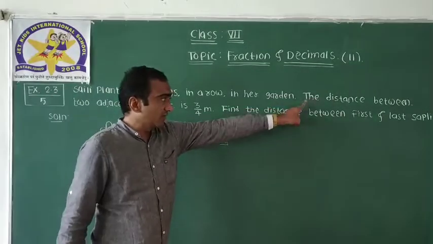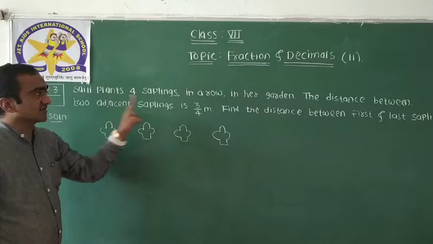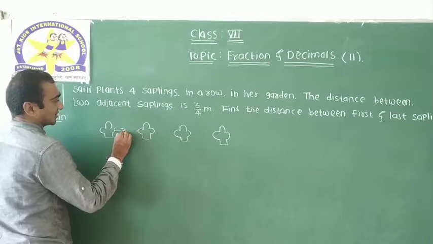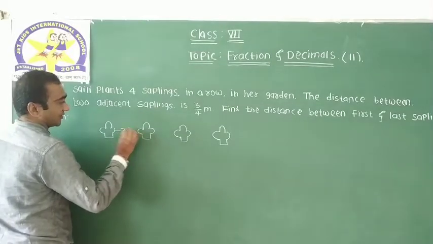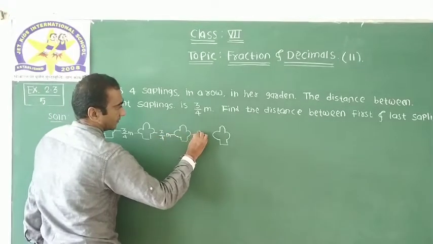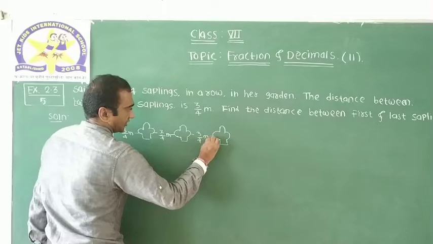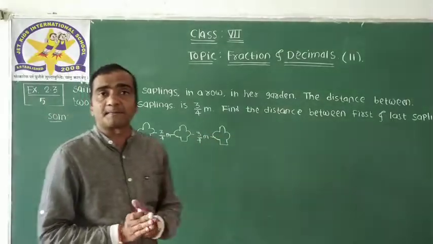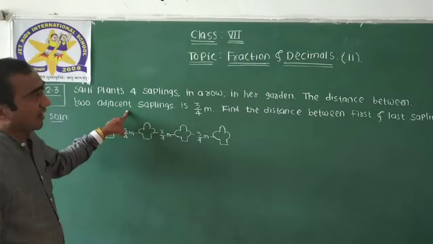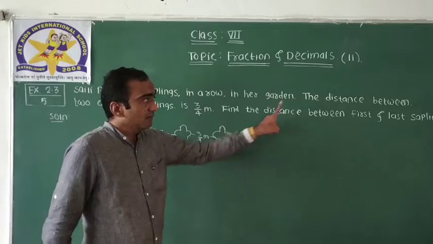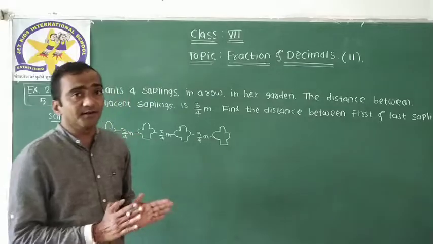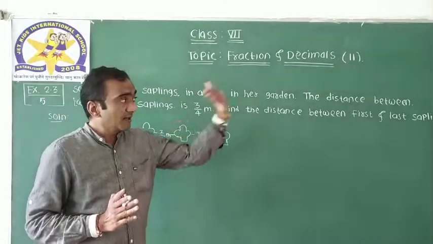The distance between 2 adjacent saplings is 3 by 4 meter. Next sentence: find the distance between the first and last sapling. Okay, we have to find the distance between the first and last sapling.